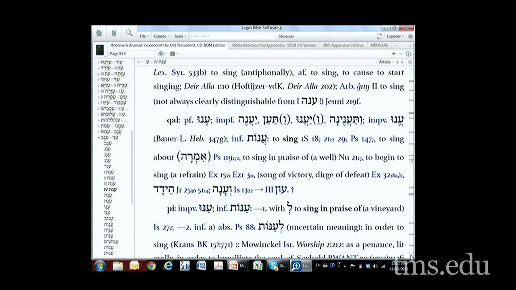So when you're studying a word like Anah, you've got to look at every possible meaning, and you have to look at the possibility that there's more than one root. And so even though the word looks the same, it actually is originally from a totally different root and has a totally different meaning. And you always have to pay attention in the lexicon to what prepositions are used with it, and then what it means when that preposition is used with it.